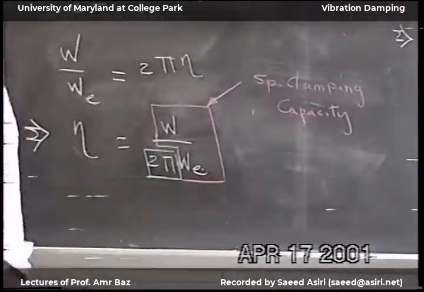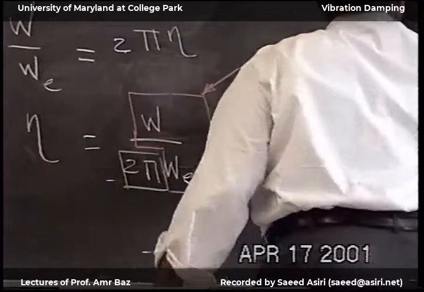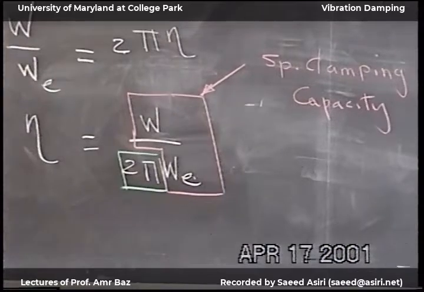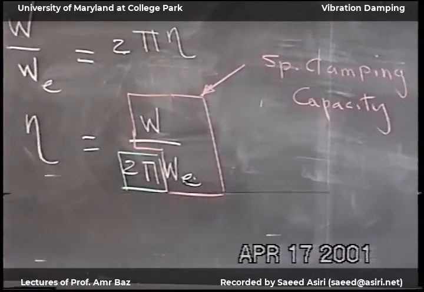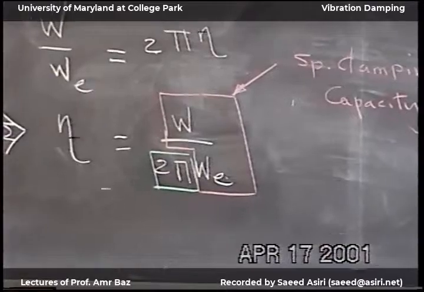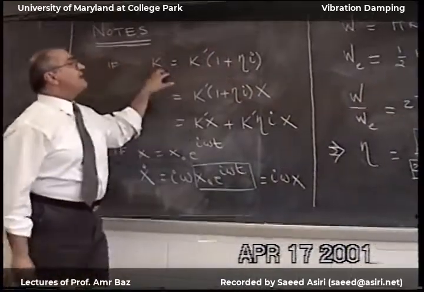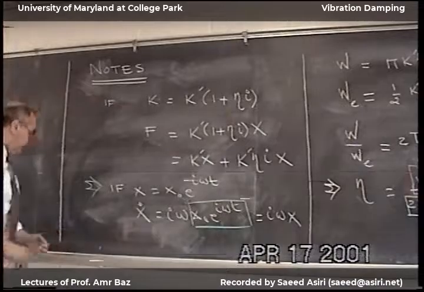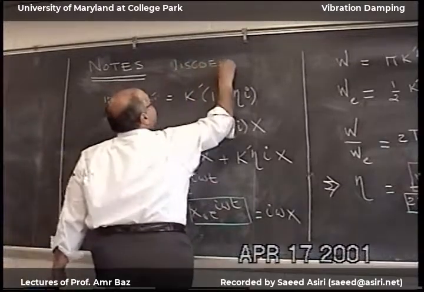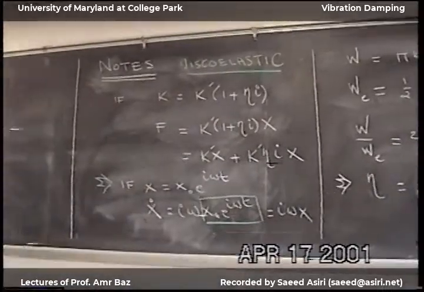I want to add one more thing. All this note is on a spring that has viscoelastic damping. So let's just say we have only viscous damping.